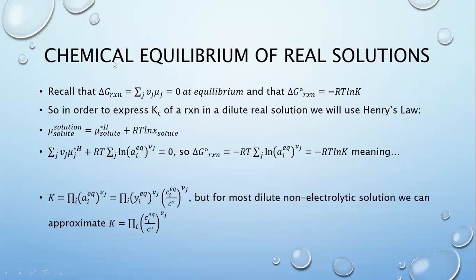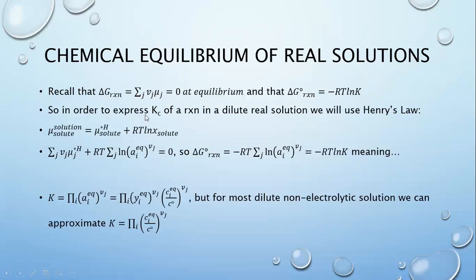Now, the last thing we'll talk about just briefly, we won't really want to use because I hate using this, is that recall with Gibbs of a reaction, we said that it's a sum of the moles times the chemical potential. Essentially, that's the coefficients times the chemical potential. And that would equal 0 at equilibrium.